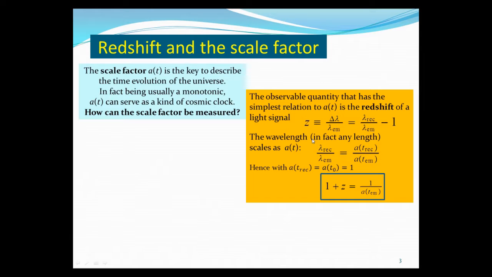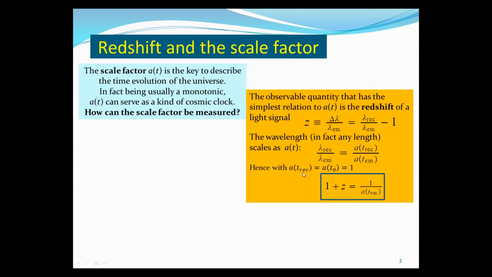The wavelength, in fact any length, scales as a, so the ratio of lambda received over lambda emitted is equal to the scale factor at the received time divided by the scale factor at the emitted time.